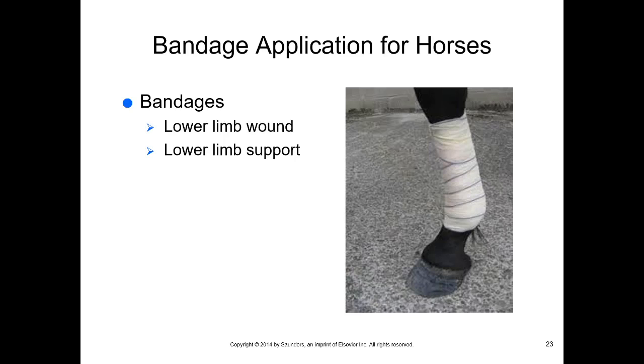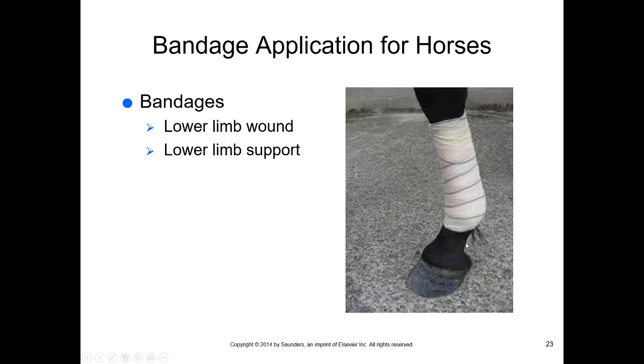Bandages for horses are very common. We do a lot for lower limb support and also if we have a lower limb wound. These are polo wraps. This is supporting these tendons that are holding this animal up. We'll do lower limb support if we're traveling very far or if they're doing a hard workout. We're always wrapping in the same direction, and if we're wrapping for this tendon, we're going to start up here.